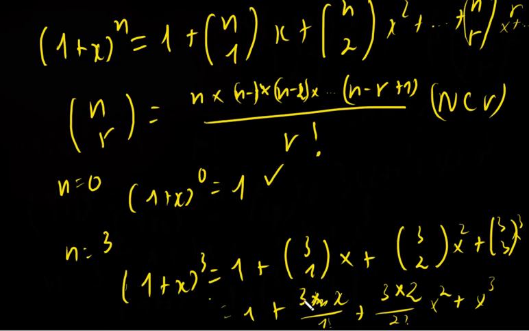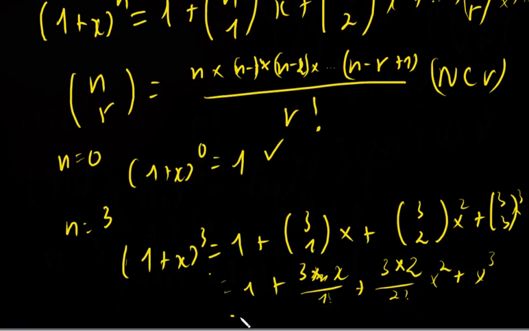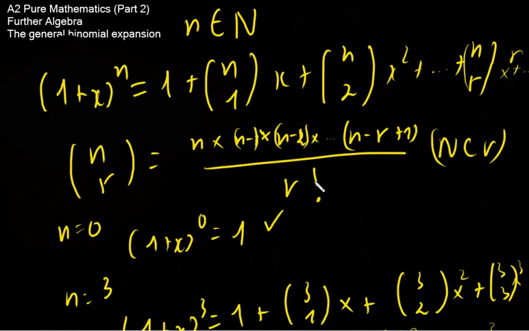So we have 1 + 3x + 3x squared + x cubed, which is correct. So that is the general binomial expansion for n as a natural number.